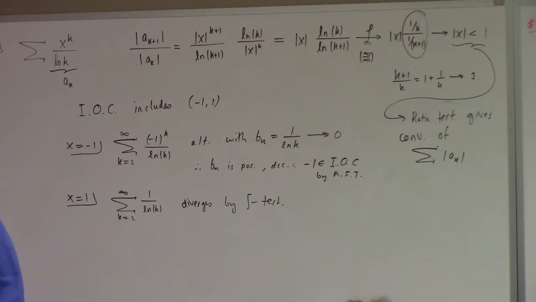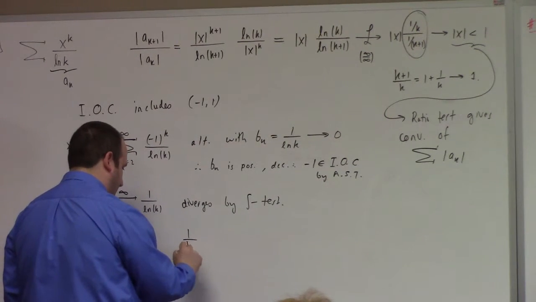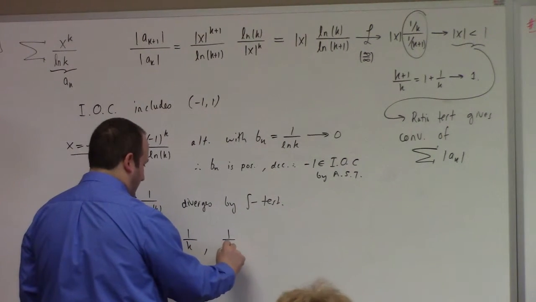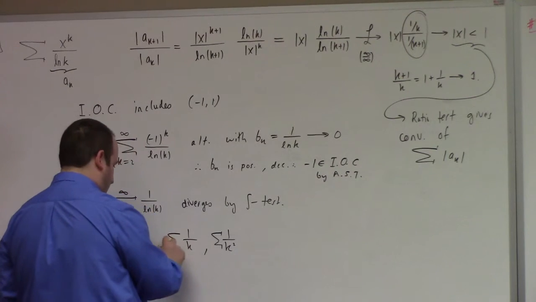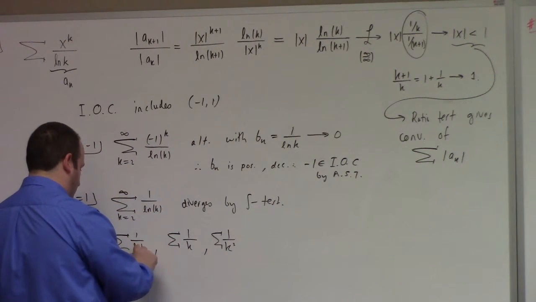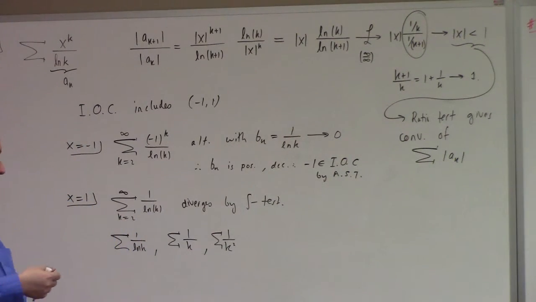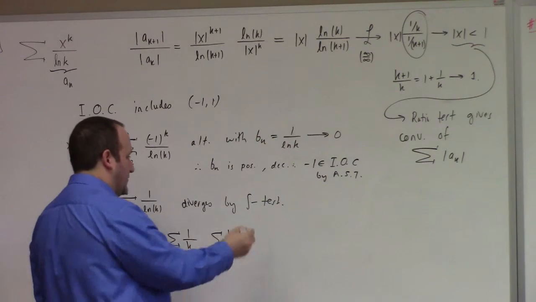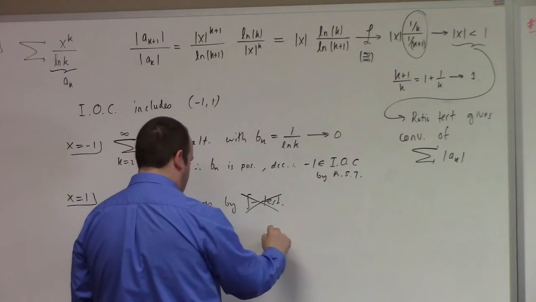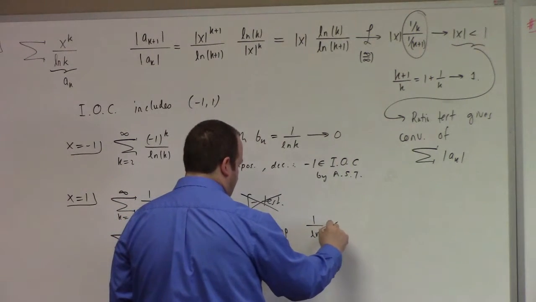Here's my intuition for that. You've got stuff like 1 over k, right? 1 over k squared. Yeah, maybe that's probably easier. Just forget the integral test, and do direct comparison. 1 over ln k is greater than 1 over k.